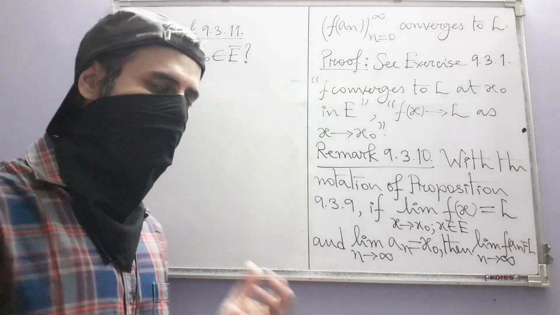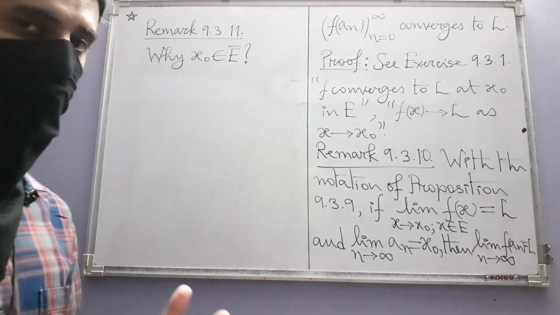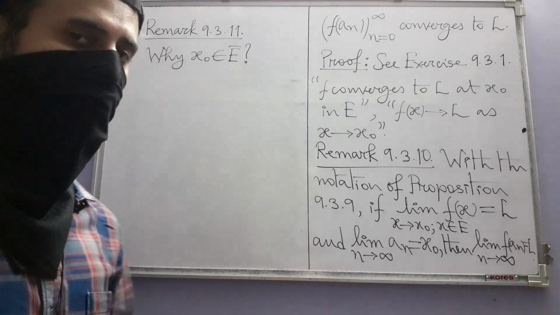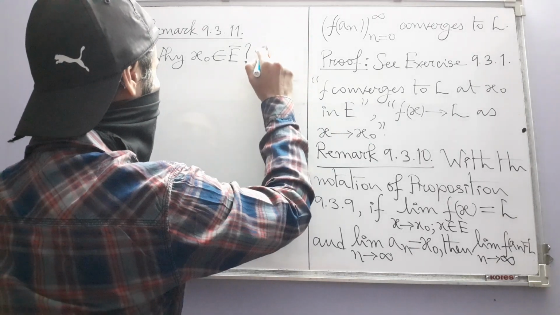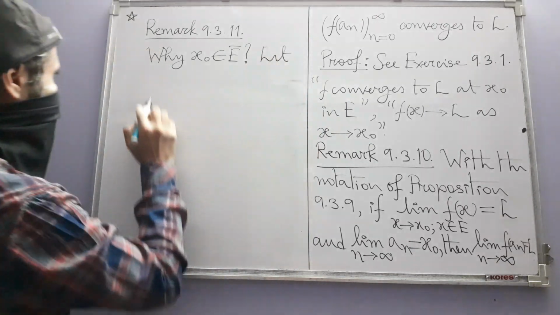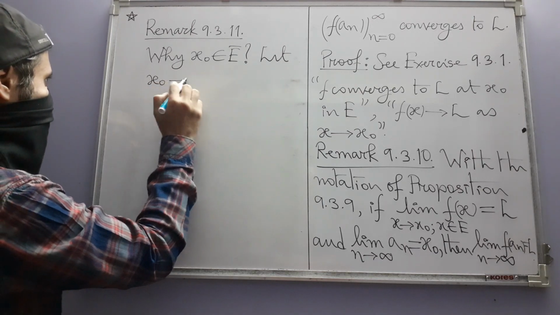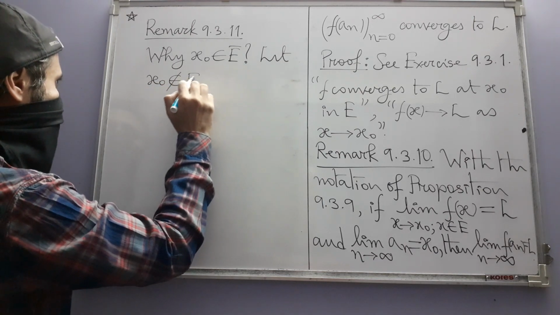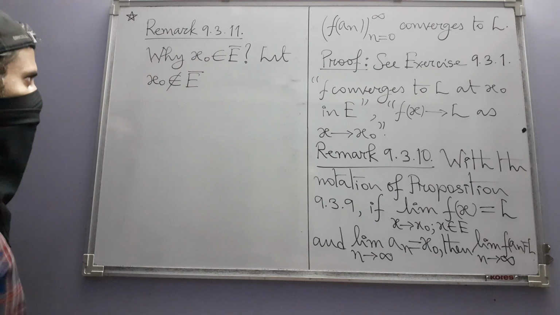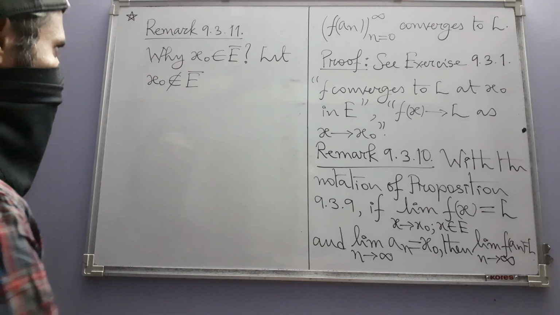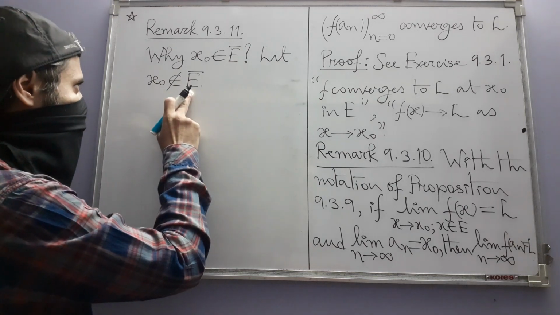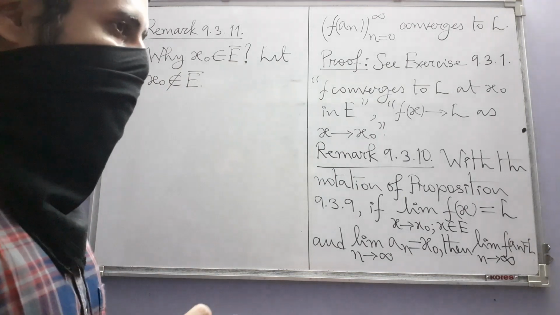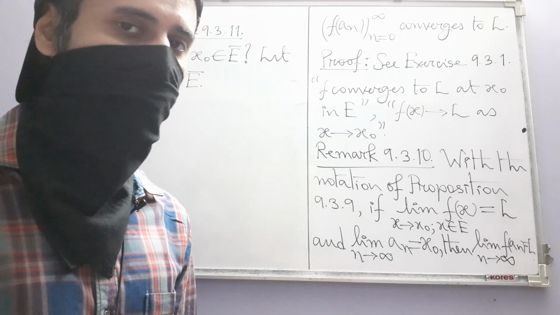There should be a reason for that, right? What would go wrong if x naught is not an adherent point of E? Then if this is the case, then you know that x naught is an exterior point of E.